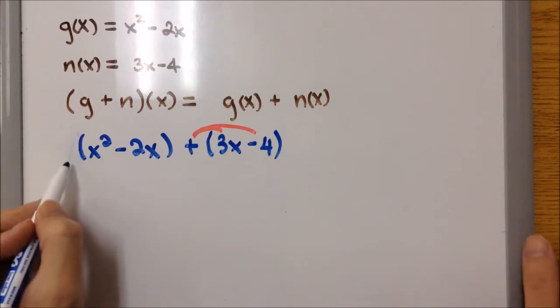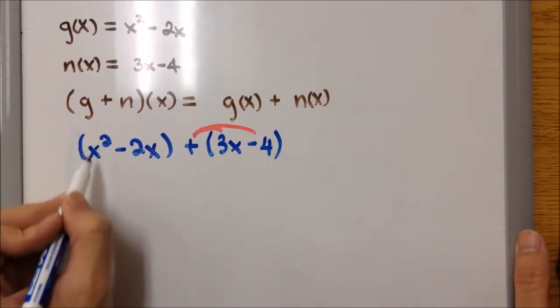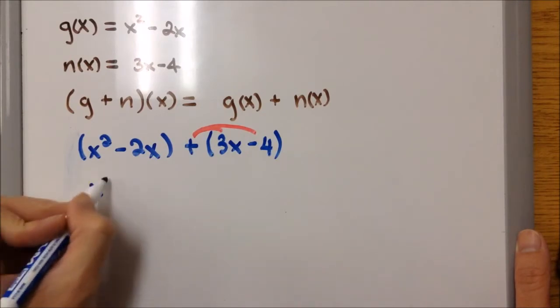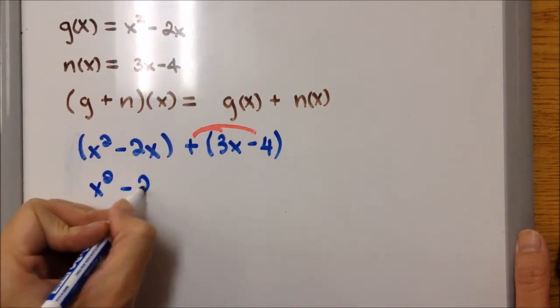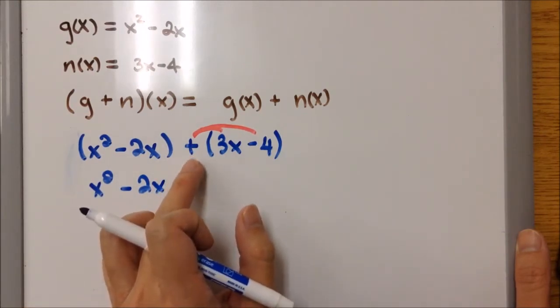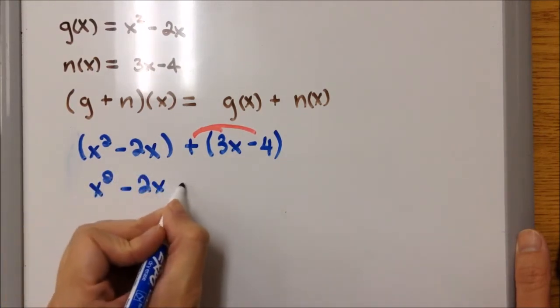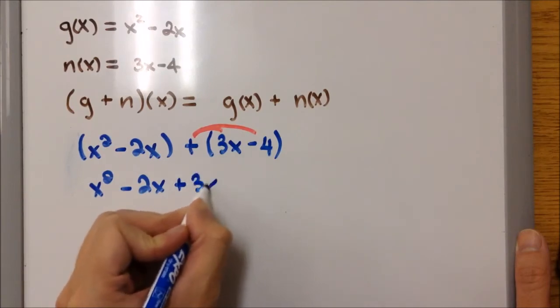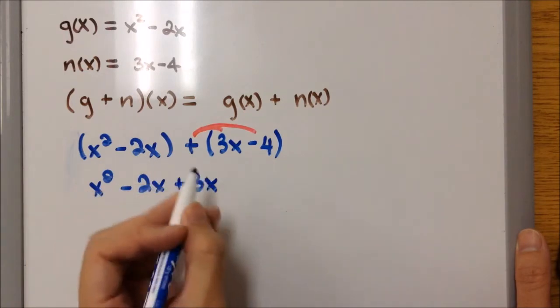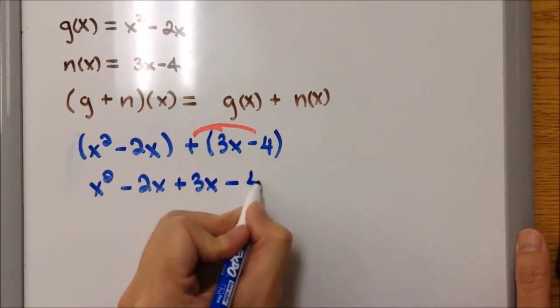Again, if there's an invisible one, we can just drop the parenthesis for the first set. So, x squared minus 2x. Now, a positive 1 times 3x, that's just plus 3x. Now, a positive 1 times minus 4, that's just minus 4.